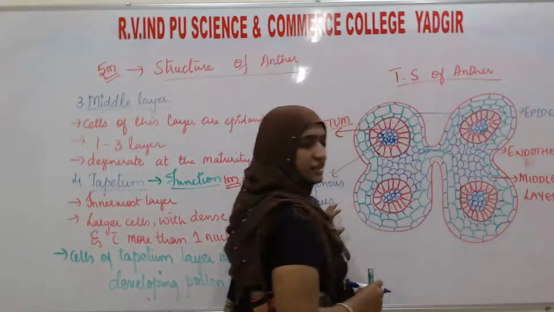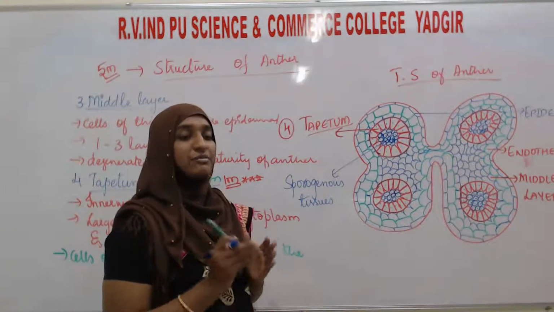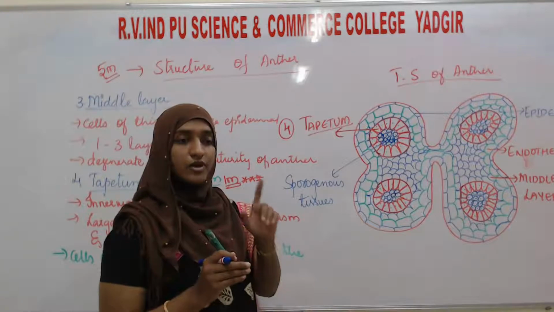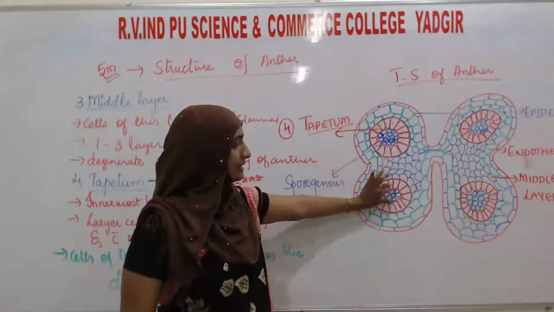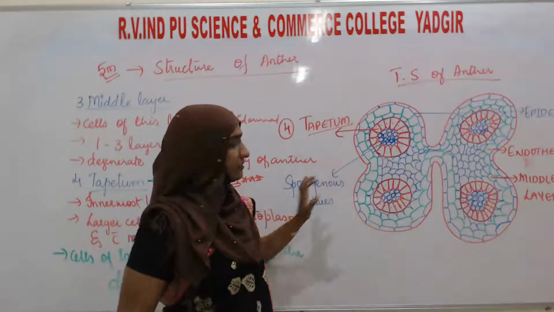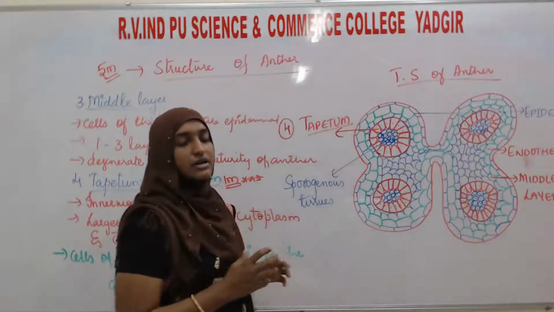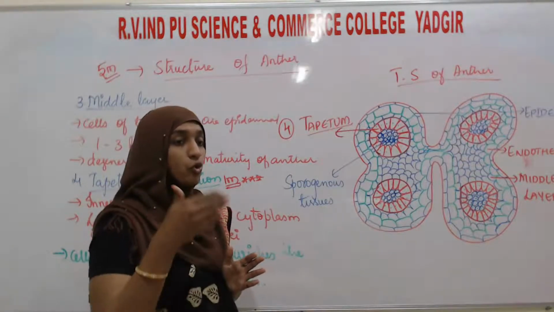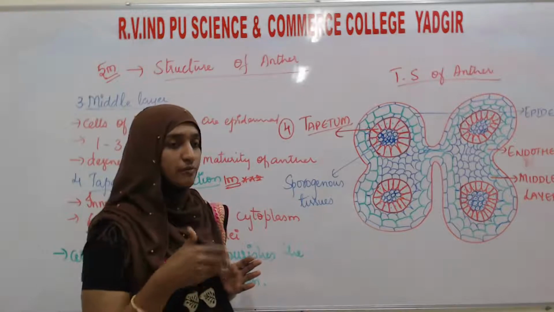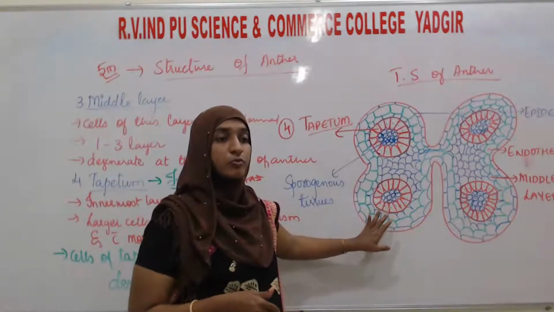See, in the exam, they may ask you to only draw the labelled diagram. If time is less, you can refer to one more diagram, which is very short. As you can see, at the center region of the pollen sac, these are the pollen sacs. What I already told you in the last class: there will be two lobes, and in each lobe there will be two pollen sacs or microsporangia.